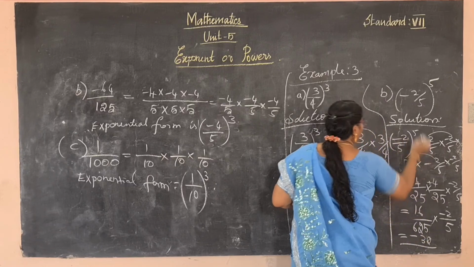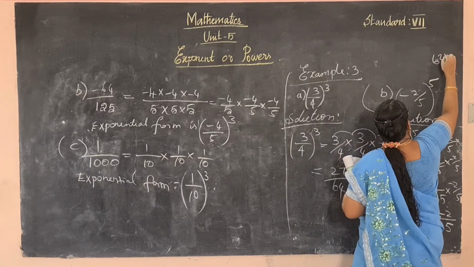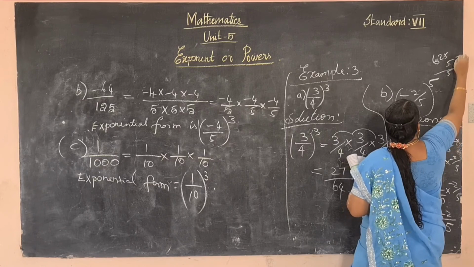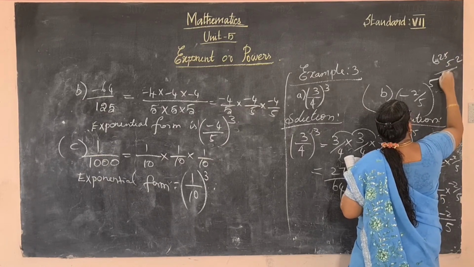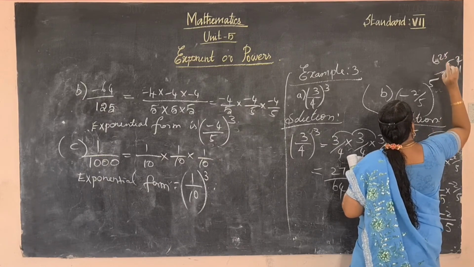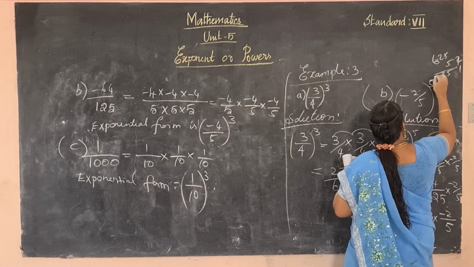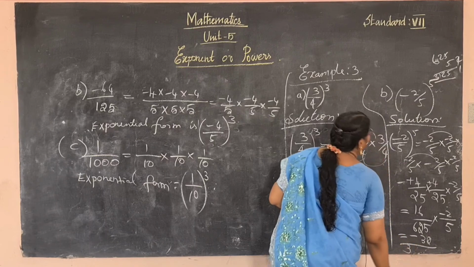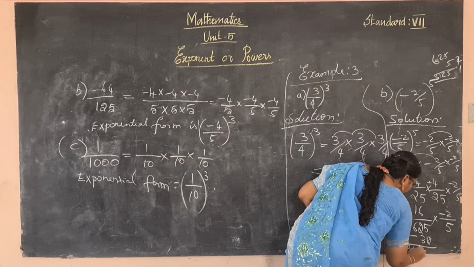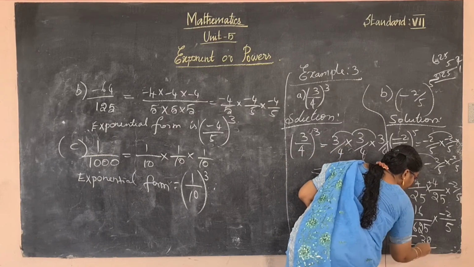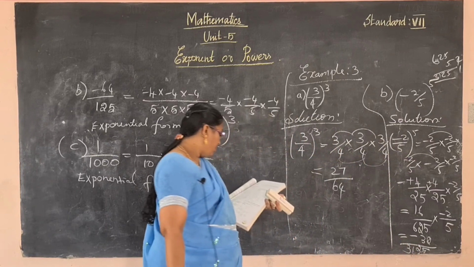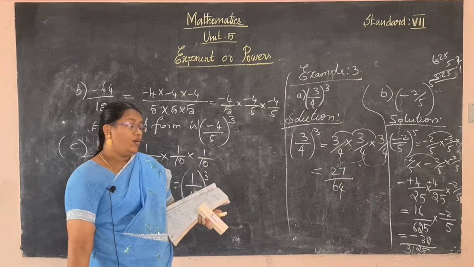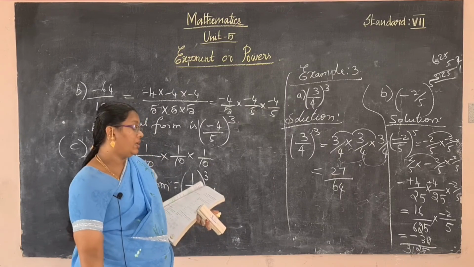Now multiply 625 by 5. 5 5s are 25, 5 2s are 10, 12, 6, 30, 30 plus 1, 31. So the denominator value is 3125. So the answer is minus 32 by 3125.